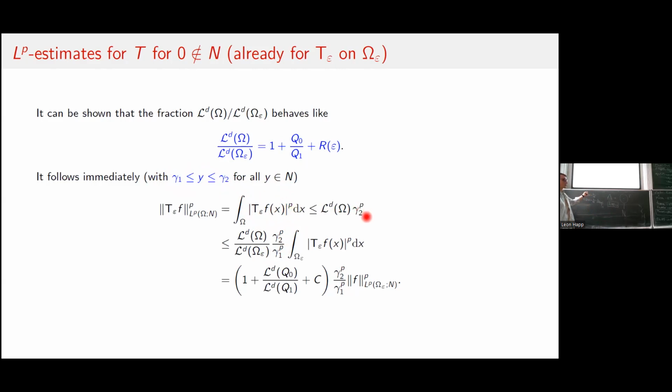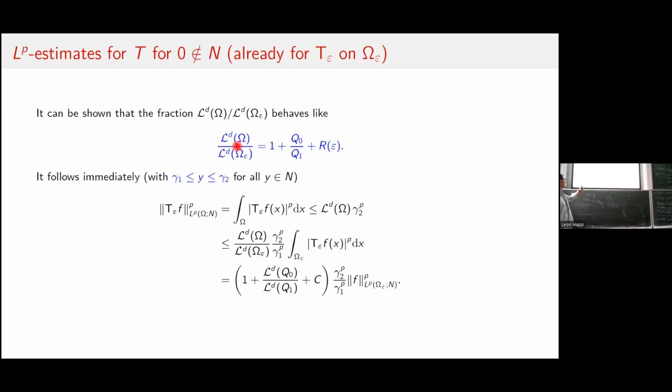You get gamma 2 to the P. Then you introduce the integral of omega epsilon over the extension, which is an element of the target manifold, so this is always bigger than gamma 1. To compensate for this new term, we divide by gamma 1 to the P times the Lebesgue measure of omega epsilon.